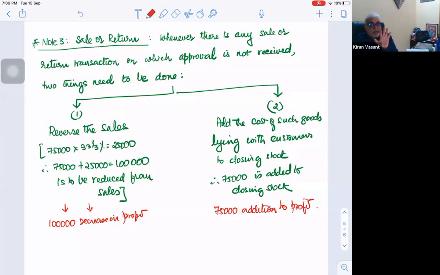And where does sales come in a trading account? On the credit side. Because it comes on the credit side, it increases the profit. Now the sales never happened till 31st of March. In fact, it went on till the next month, April. Therefore, you need to reverse that sale. When you reverse the sale, you're reducing your sale, which means you're reducing the profit.